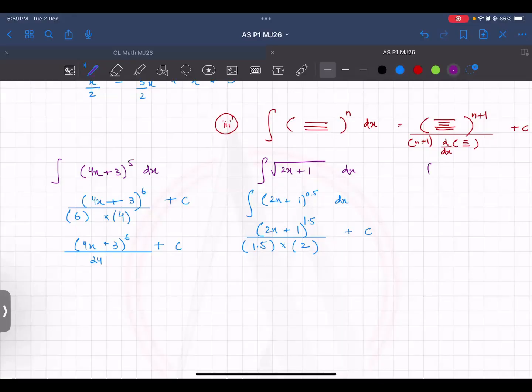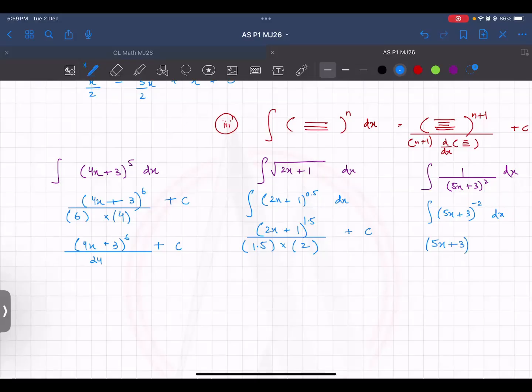Let's suppose you have 1 upon (5x plus 3) squared dx. They're asking you to integrate this. So first you would move the bracket above. So this would become (5x plus 3) to the power minus 2 dx. And now the exact same thing. No changes to the inside of the bracket, 5x plus 3.